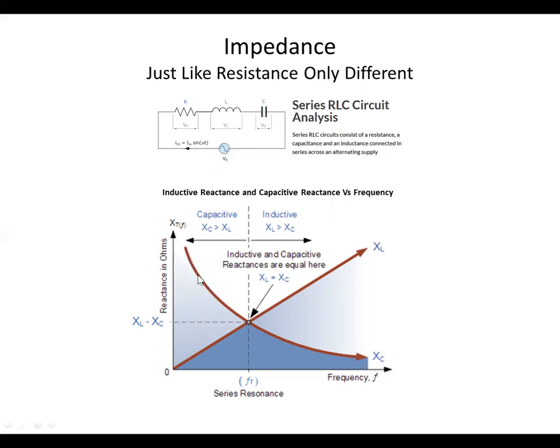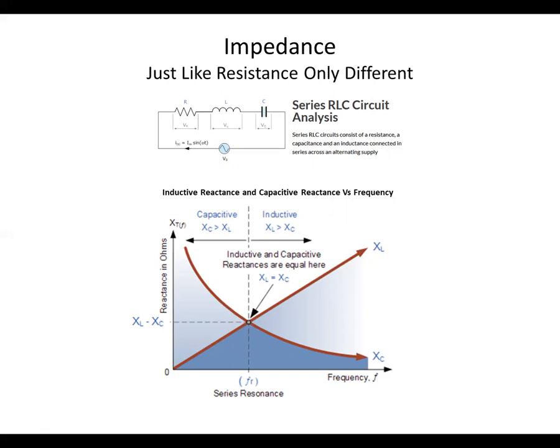Remember, as we increase frequency, the capacitive reactance goes down, and the inductor, as we increase frequency, the reactance goes up. There's a point where they're equal, and since the inductive reactance is positive and the capacitive reactance is negative, they cancel each other out, and the only thing you have at that point is the resistance.